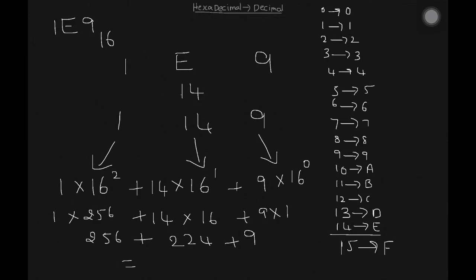When we add up these three numbers, we get 489 to the base 10. This is how to convert from hexadecimal to decimal.